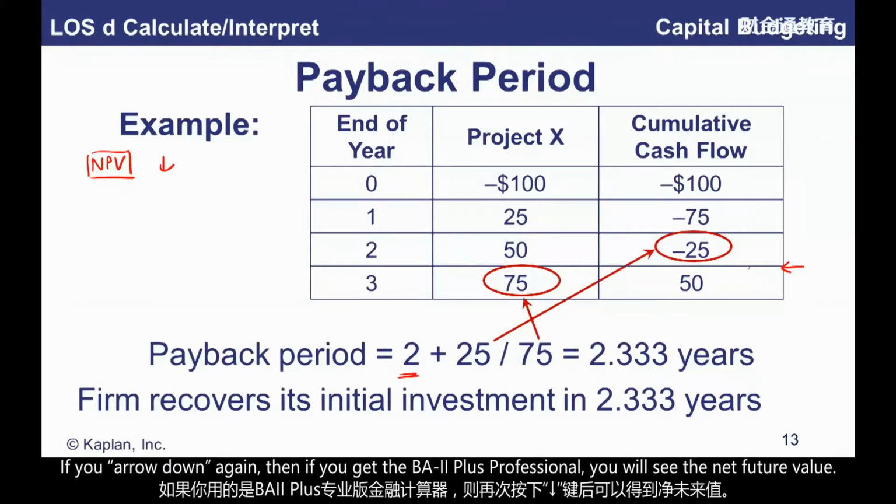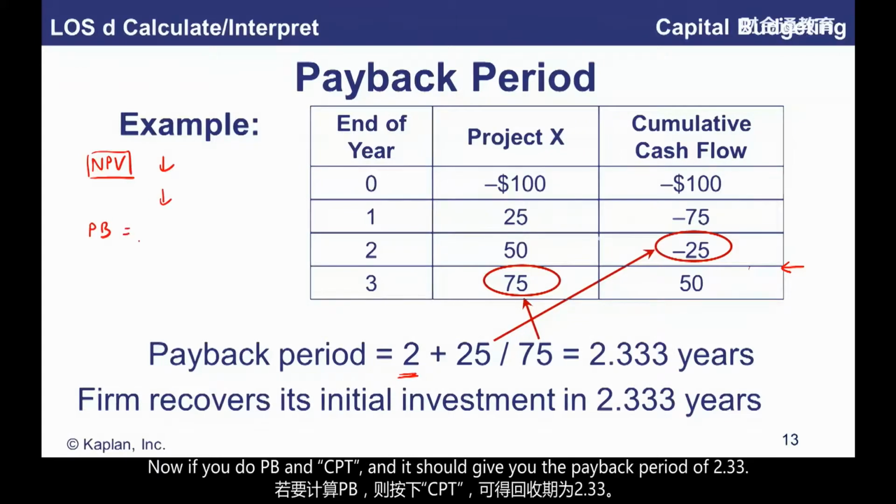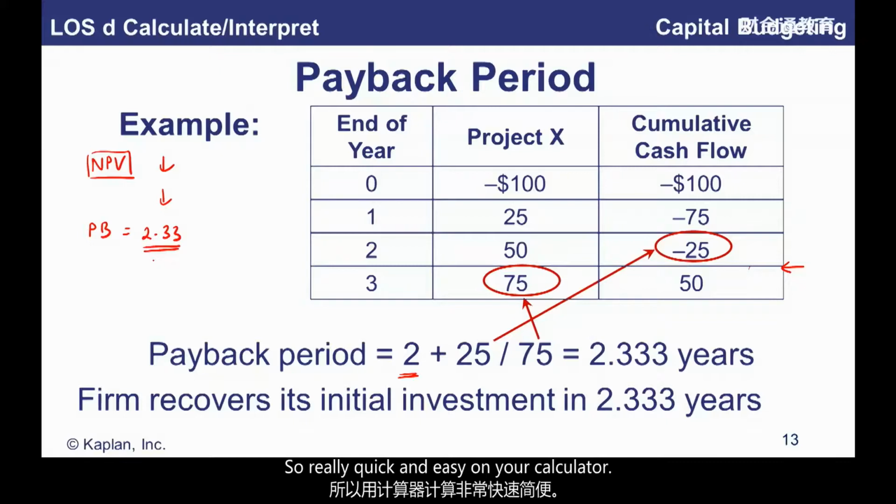If you arrow down again, then if you've got the BA2 Plus Professional, you'll see the net future value. If you arrow down again, then you'll see PB. Now, if you do PB and compute, it should give you the payback period of 2.33. So really quick and easy on your calculator.